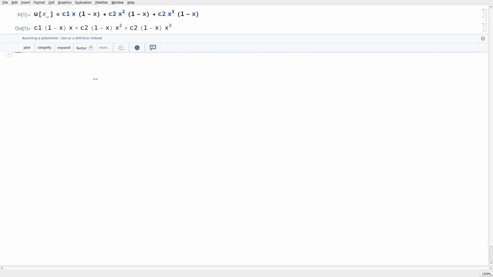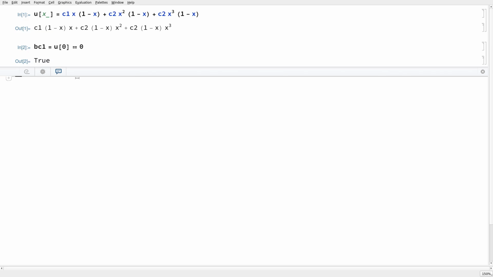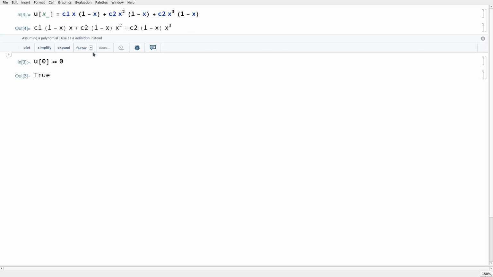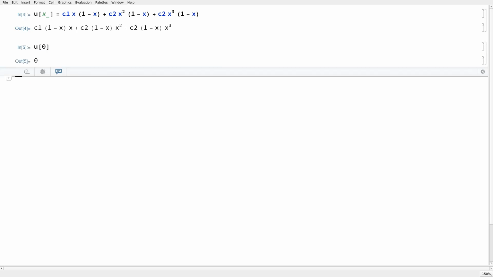And so then I need to make sure that it satisfies the boundary conditions. I had one boundary condition that u of 0 is equal to 0. Let's just say u of 0 is equal to 0, to verify that.